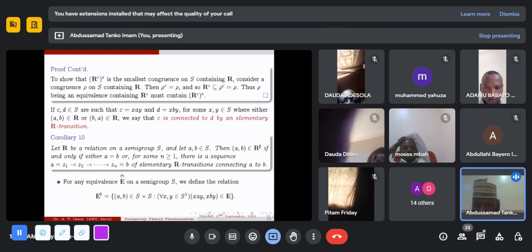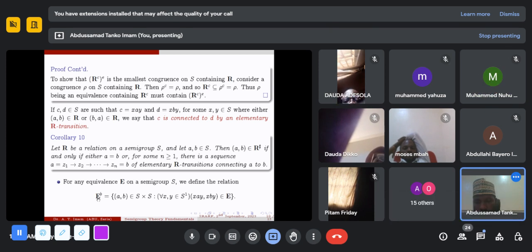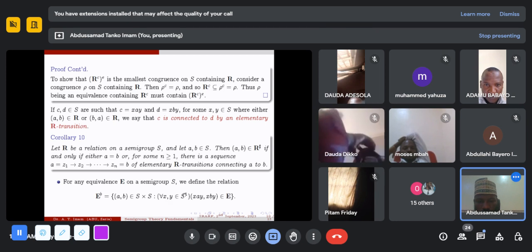So I can talk of the largest congruence sitting inside an equivalence E. So for an equivalence E on a semigroup, we define E flat to be the set of all ordered pairs (A, B) such that there exist X, Y in the semigroup with identity adjoined if necessary.